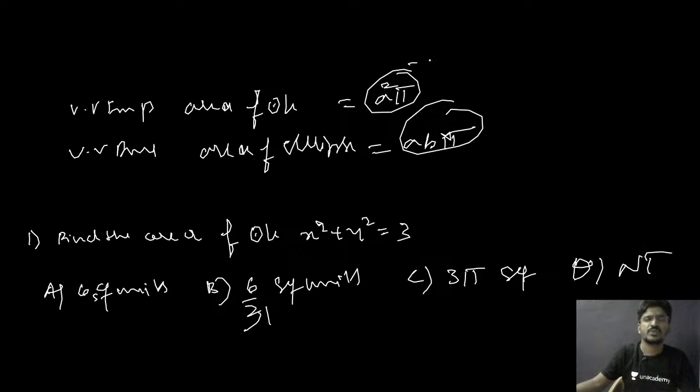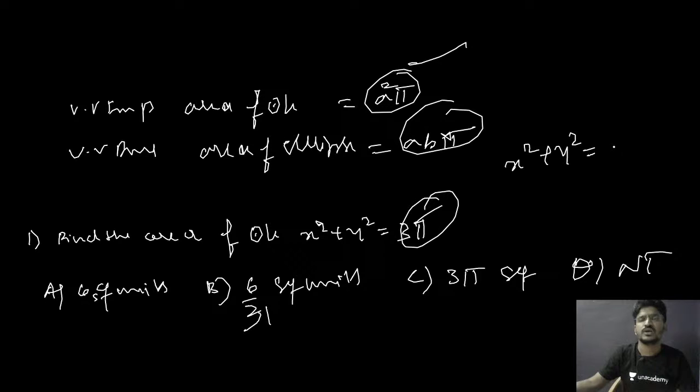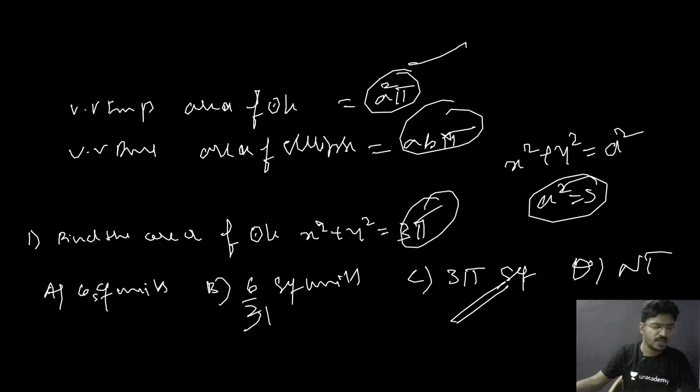So here you just remember this formula, that is a square pi, so this is going to be equal to 3 pi, because x square plus y square equal to a square. Here a square is 3, that's why a square pi, that is 3 pi, is going to be the correct answer.